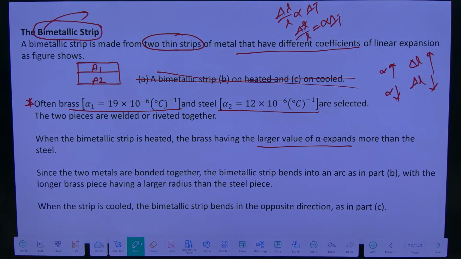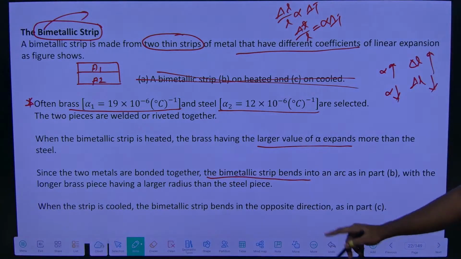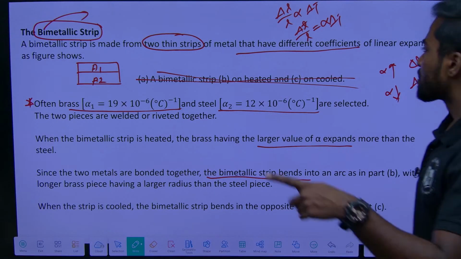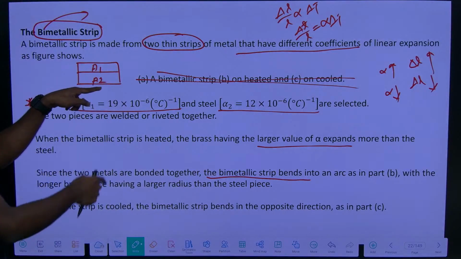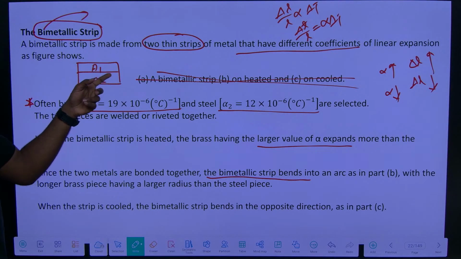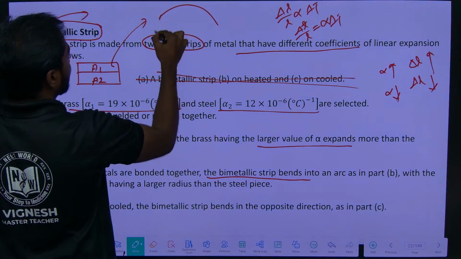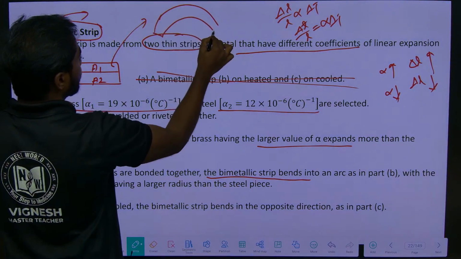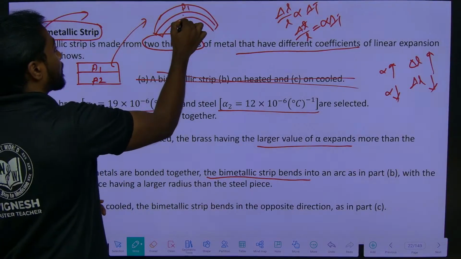So since two metals are bonded together, the bimetallic strip bends into an arc shape. What happens is this one increases more and this one increases less than the A1. So it will convert into a circular arc. It will be looking like this. So this is A1 and this is A2.